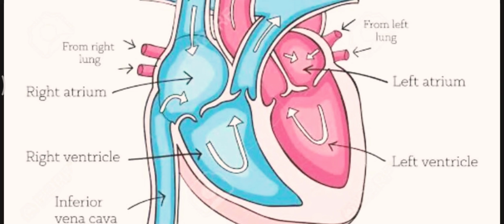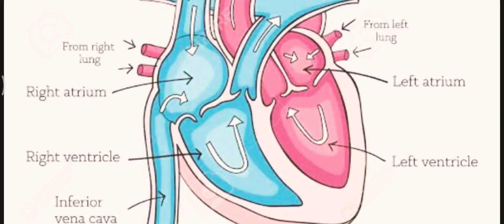mix. But the auricle and the ventricle of the respective side, that is the left auricle and the left ventricle, have a septum which shows connectivity, a connection between the upper chamber and the lower chamber. So, the blood from the auricle of the left side can come to the ventricle of the left side. In the same way, the blood from the right auricle can enter the right ventricle because the septum has an opening.